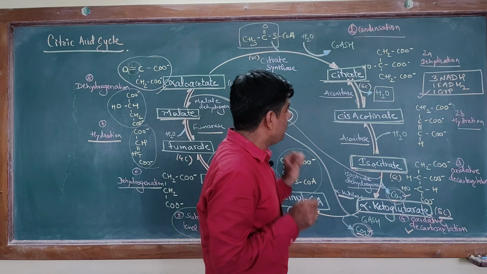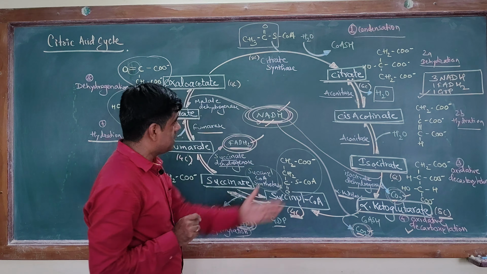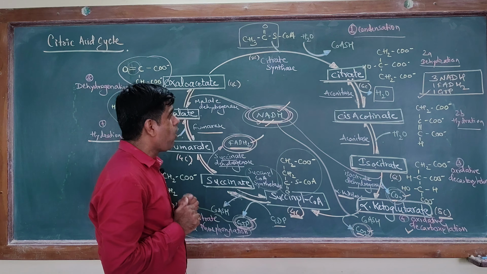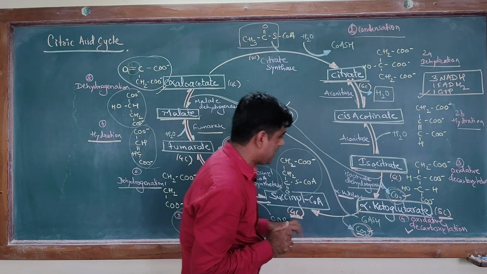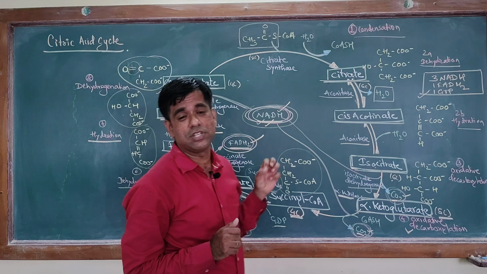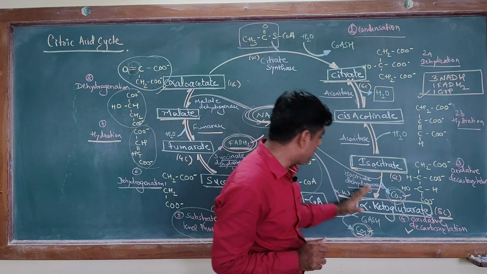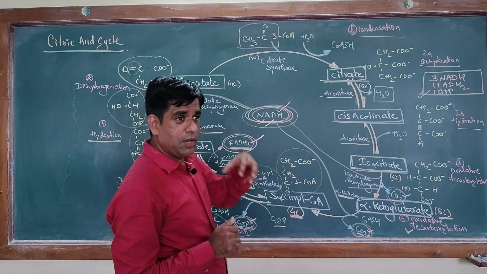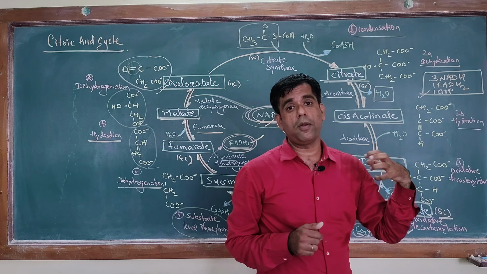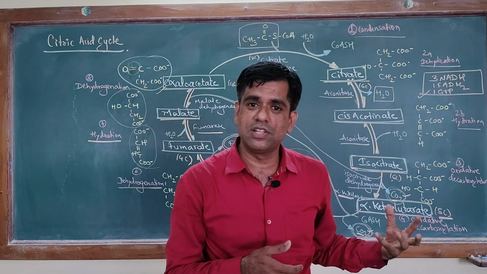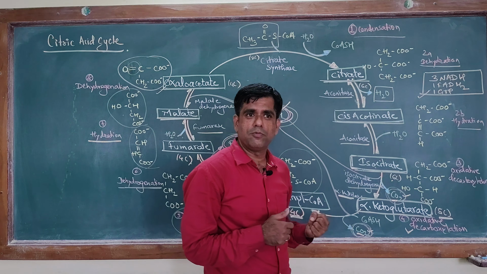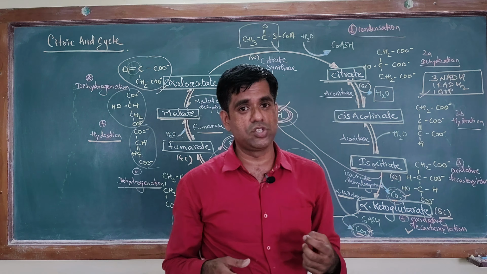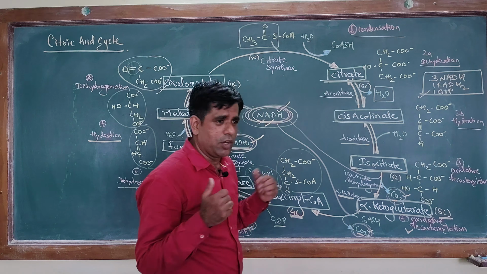One more thing to mention here, that though we consider this a catabolic pathway, many of the intermediates here are used for synthesis of various biosynthetic precursors. So your alpha ketoglutarate may be removed, your succinate may be removed, and they can be used for biosynthesis. You can use them for synthesis of amino acids, purines, pyrimidines or many other such molecules.